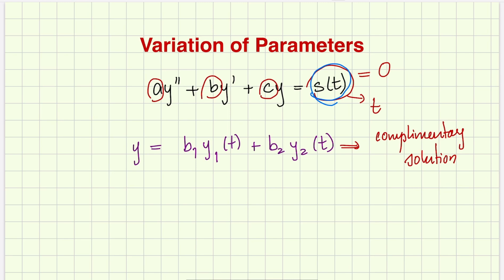There's a whole bunch of math behind what I'm going to tell you, but we'll skip that derivation just for this video. So for the particular solution, you're going to assume that it looks like u1 of t, y1 of t, plus u2 of t, y2 of t.